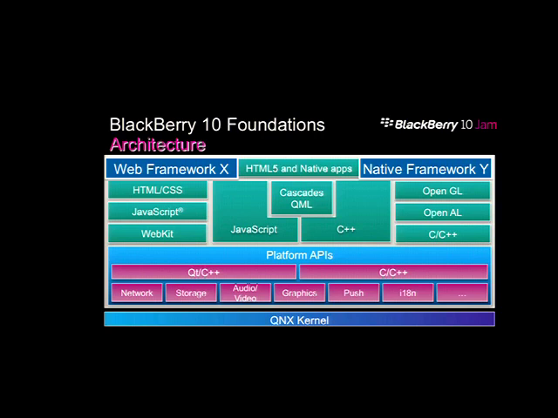The platform is based on top of QNX, and QNX enables the rich set of APIs, and then builds on top of that. And on top of that sits the web framework as well as the native framework. So this is essentially what Appcelerator is based on.